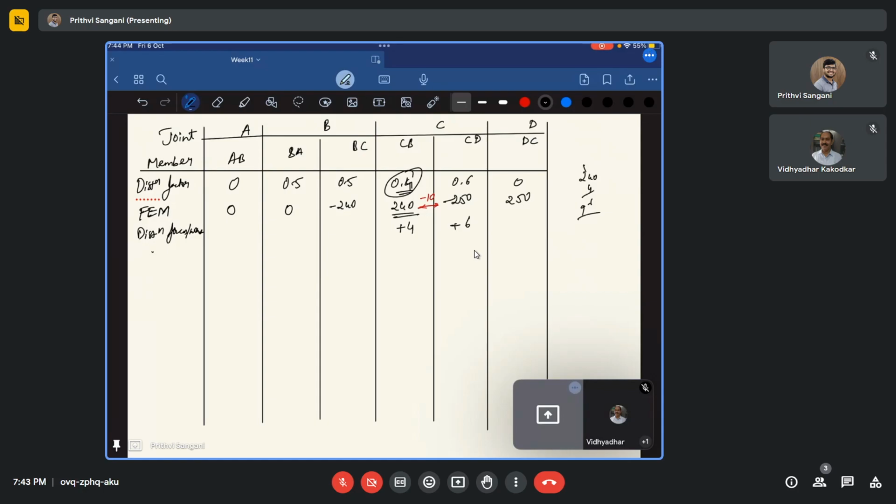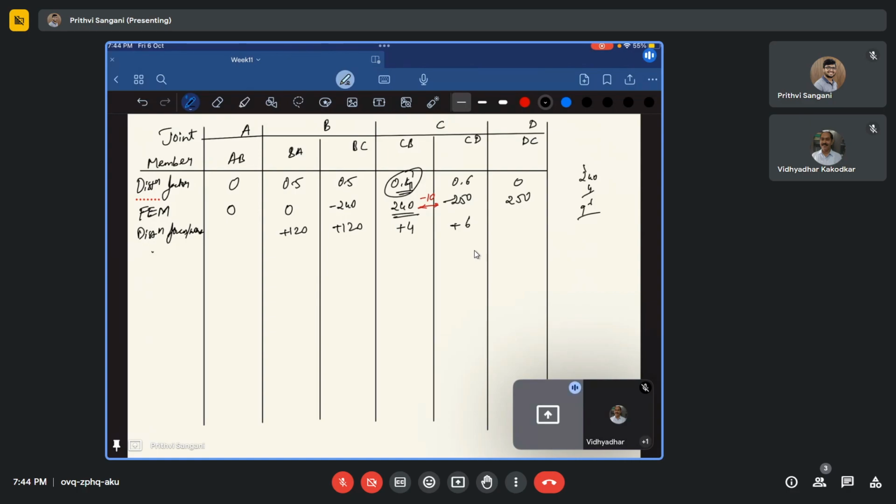So plus 240 I need to apply, so that I'll be unlocking my moments there. If I'm unlocking moments 240 there, it has to distribute a moment in BC as plus 120. And here it is plus 120 again, because you have 50% share between BA and BC. So this is plus 120 and plus 120, 4 and 6.